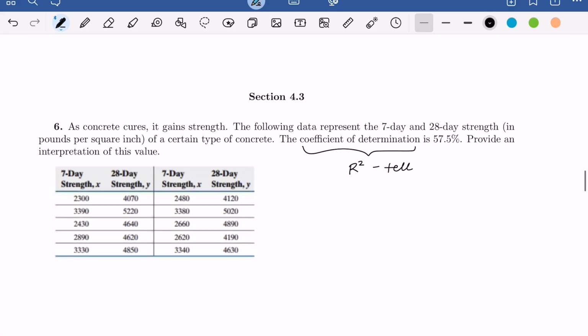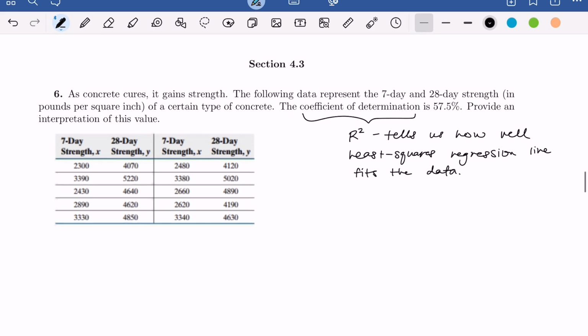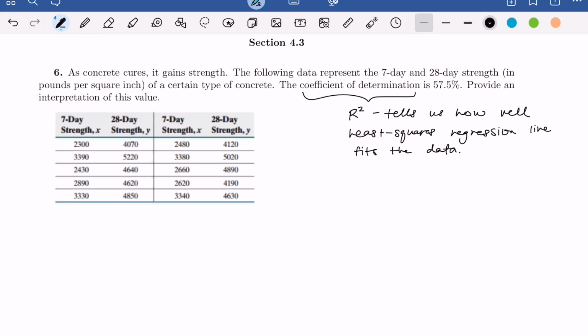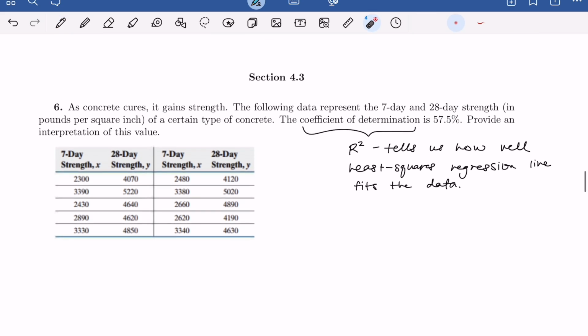So I'll say that here: it tells us how well the least squares regression line fits the data. All right, in this case, this question is actually fairly easy. This just means that 57.5% of the variability in the response variable is explained by this least squares regression line.